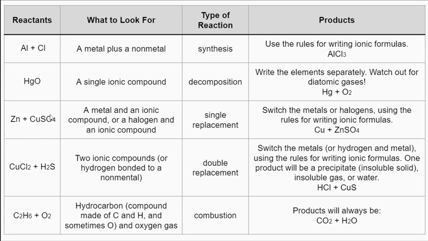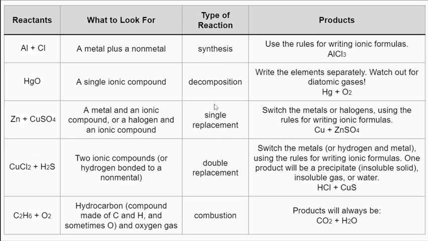And in this case, the anion is this polyatomic ion sulfate. And so if instead of zinc we had a halogen like chlorine, for example, then you would create the chloride ion and rewrite the formula using the chloride ion and leave the sulfate ion out by itself.